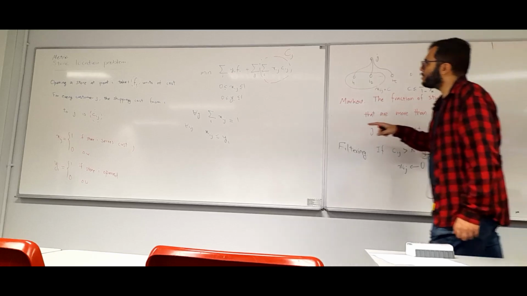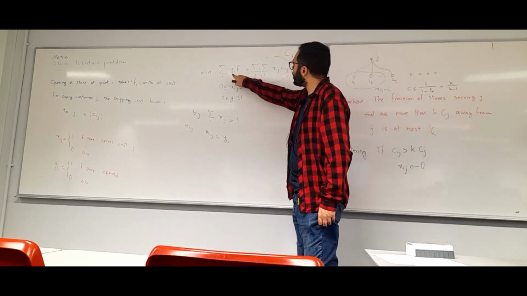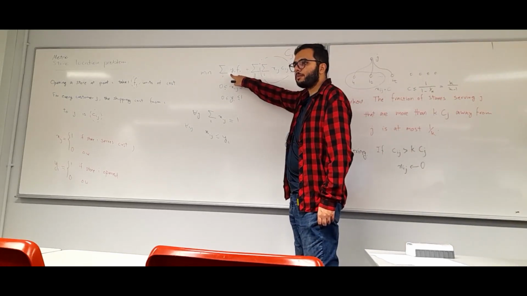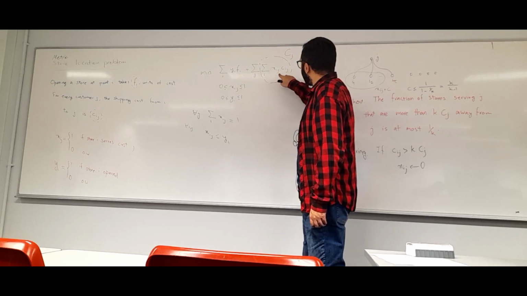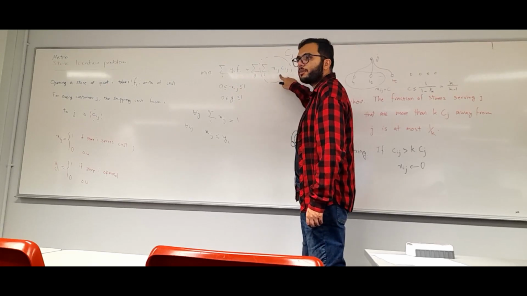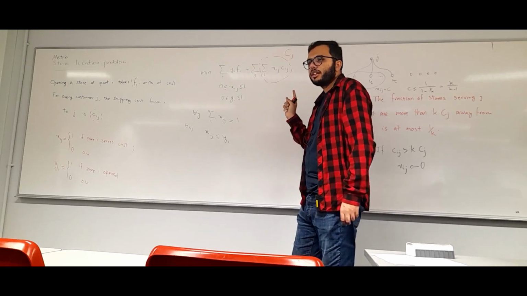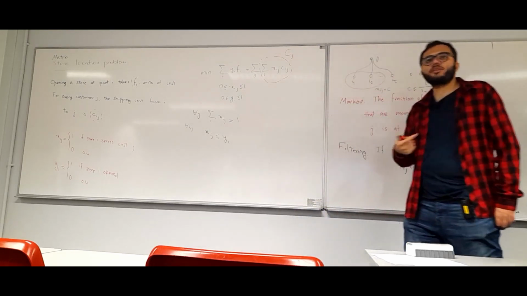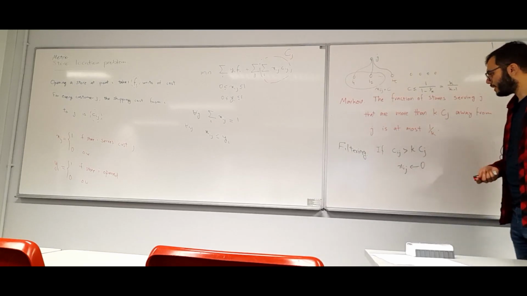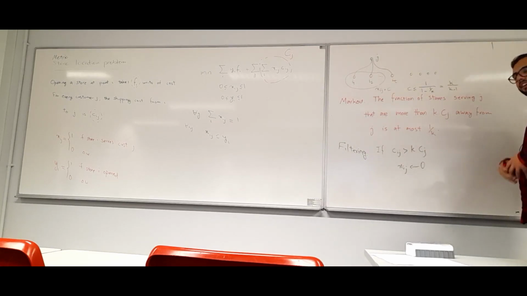So it's now easy to see that these yi's are getting multiplied by at most K over K minus 1, and these xij's are also getting multiplied by the same thing. So my whole answer gets multiplied by at most K over K minus 1. So after the filtering, I still have a constant approximation ratio.